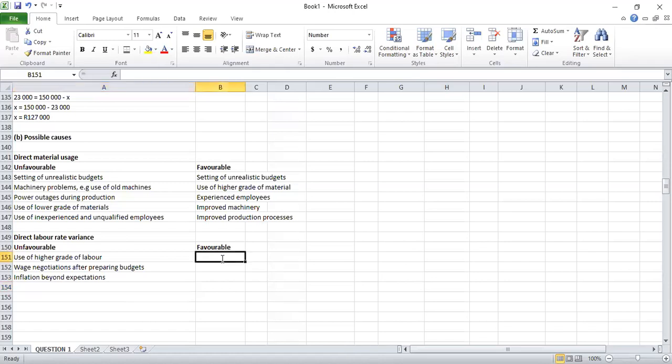Favorable, use of lower grade of labor. Increases agreed, which are less than expected. We're expecting to sit with the union and agree on 10%, but we successfully negotiated for 8%.